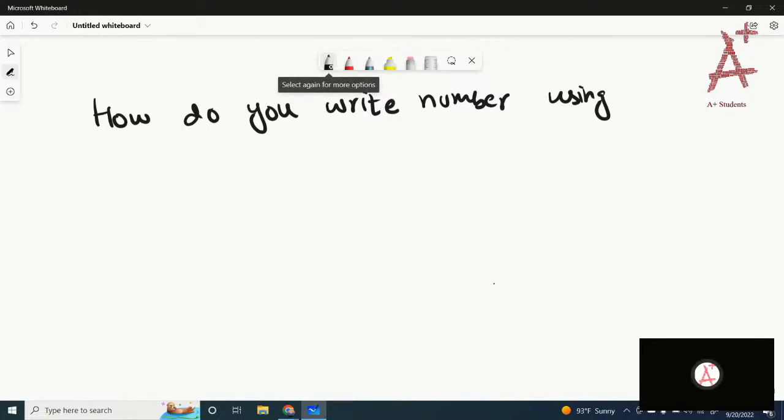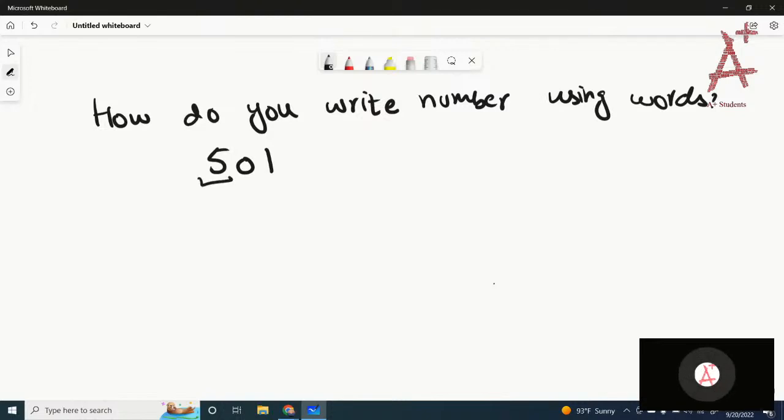Okay, the first one is 501. So write the hundreds digit first. It is 500. Now write the tens and ones digit. We don't have tens digit. We just have the ones digit over here.